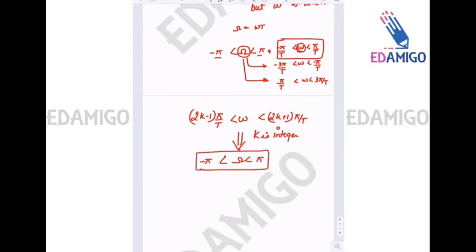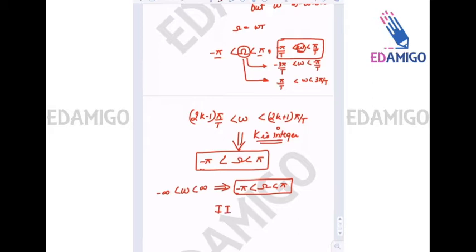So we can say that there is an infinity to many mapping. That is, omega is going from minus infinity to infinity, and this whole range is mapped into sigma from minus pi to pi.